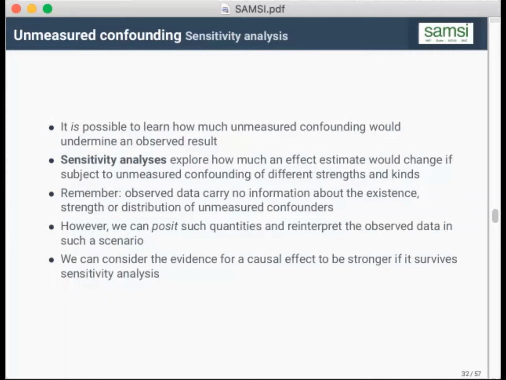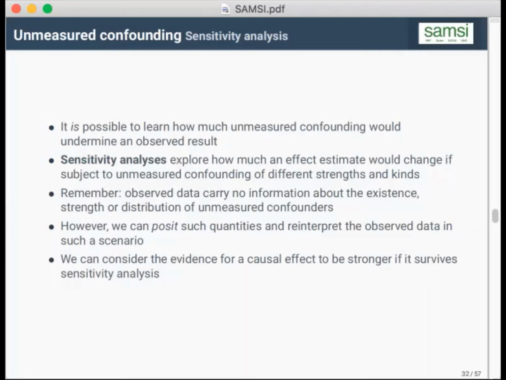A sensitivity analysis quantifies how sensitive or robust your conclusions are to departure from the assumptions that you made in your analysis. And in this case, the assumption that we will use a sensitivity analysis to probe is the no unmeasured confounding assumption, or the ignorability assumption.